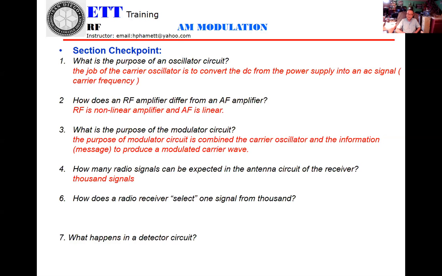How does a radio receiver select one signal from 1,000? That means over the air, they get 1,000. Resonance, LC circuit. Resonance LC circuit, cutoff frequency. Now you know resonance.